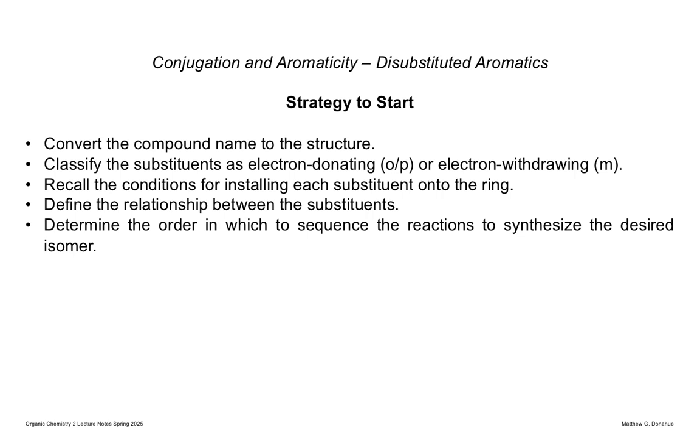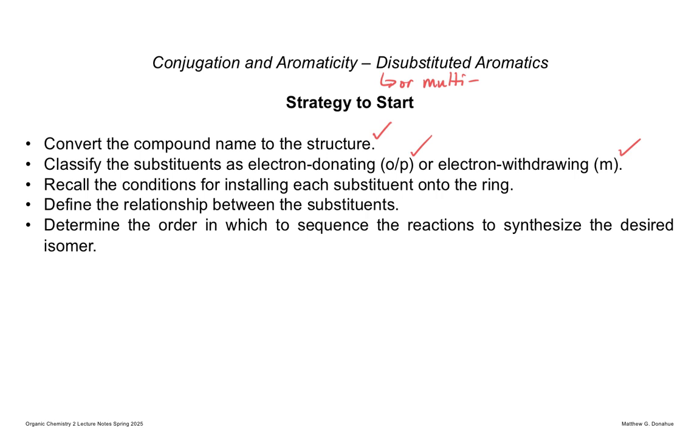So the strategy to start on these, this is either di or multi-substituted aromatics. Convert the compound name to the structure. That's going to give you the visual representation of the pattern you're looking for. Classify the substituents as electron donating, which are ortho-para, or electron withdrawing, which are meta-directors.